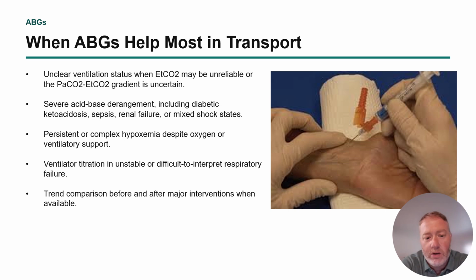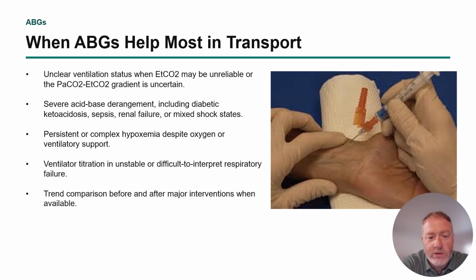If you are making any kind of ventilator changes, so vent titration in unstable or difficult to interpret respiratory failure, basically, we're of the practice that we typically get a blood gas to determine whether or not a patient needs to be intubated. Not always, but it doesn't hurt.